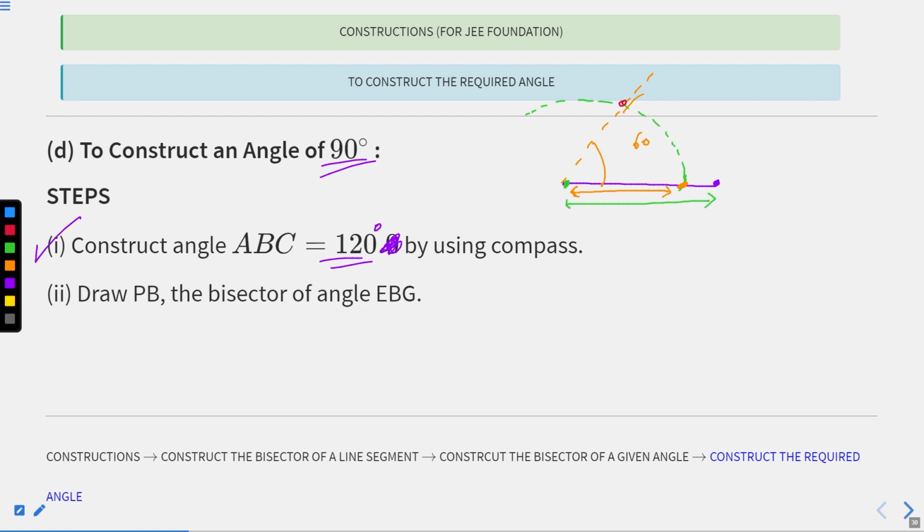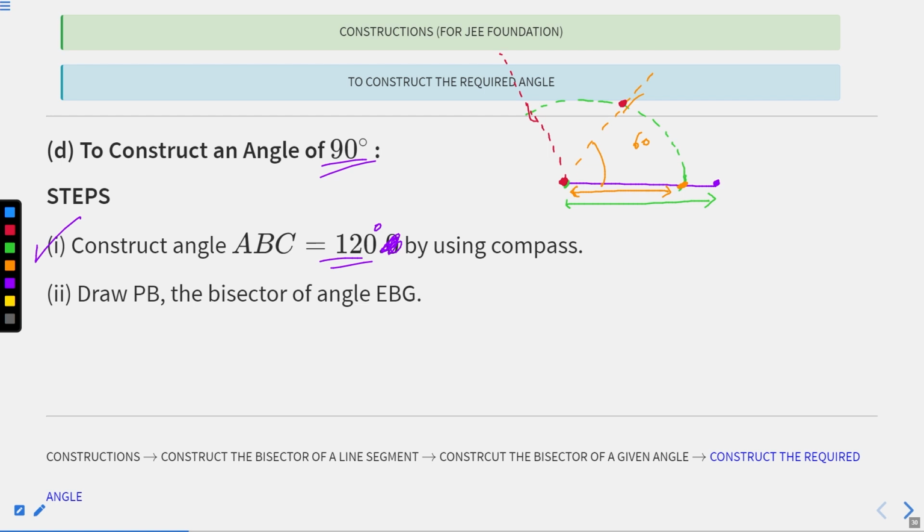Now taking the center here, using the same radius, we mark another arc which intersects the first arc, and join that intersection point with the origin, the source point.